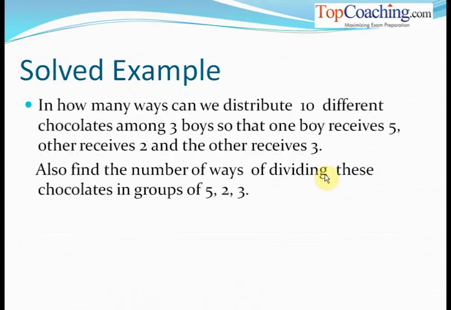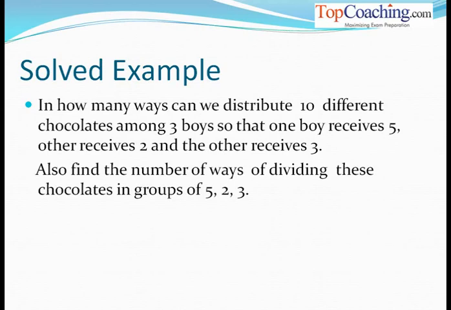In how many ways can we distribute 10 different chocolates among 3 boys so that one boy receives 5 chocolates, other receives 2 chocolates and the other receives 3 chocolates? Also find the number of ways of dividing these chocolates into groups of 5, 2 and 3.